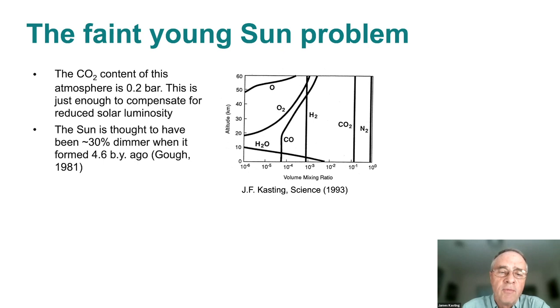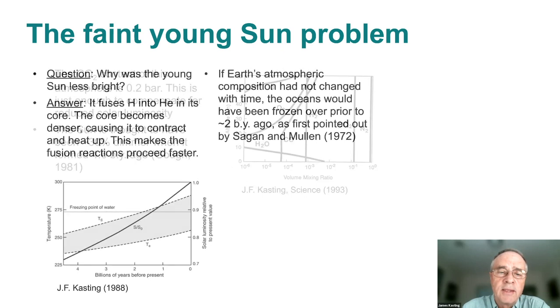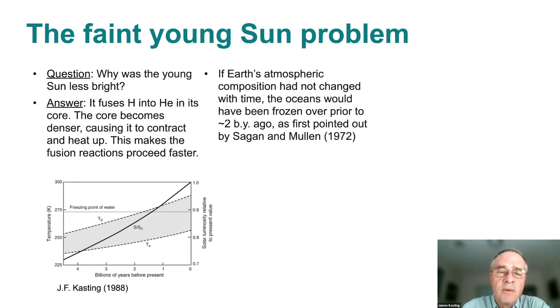It's converting hydrogen to helium in its core. As it does so, the core becomes denser. The sun is a self-gravitating body, so it collapses when the core becomes denser. That causes the core to heat up, and then the higher temperature causes the fusion reactions to go faster.